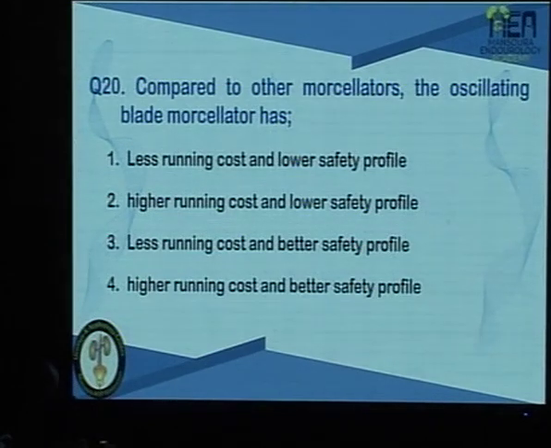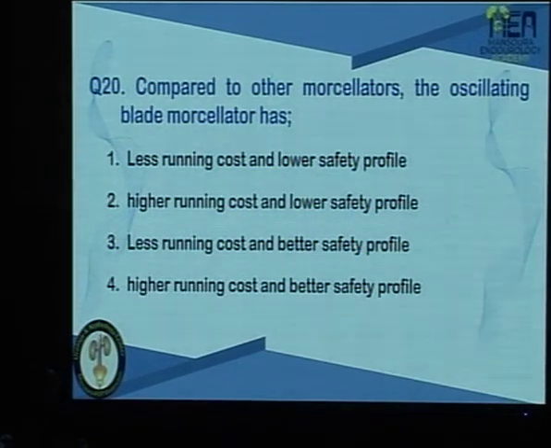Compared to other morcellators, the oscillating blade morcellator has less running cost and better safety profile. The oscillating blade morcellator is much better than the VersaCut, with its guillotine-like action, so it has a better safety profile. We agree on that.